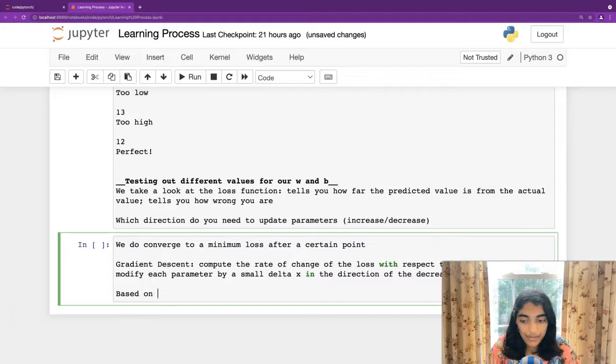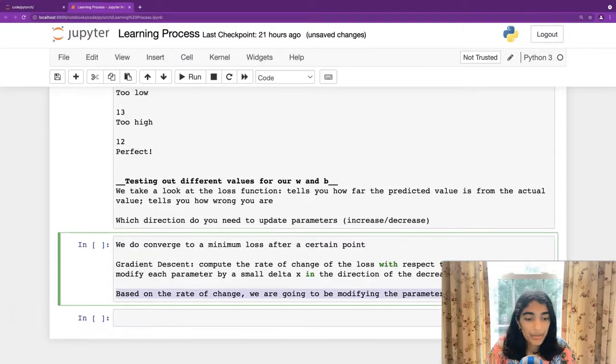Based on the rate of change, we are going to be modifying the parameter. But it's not exactly by the rate of change. We're going to do something to the rate of change and then modify it, but it's definitely dependent on the rate of change of the loss.